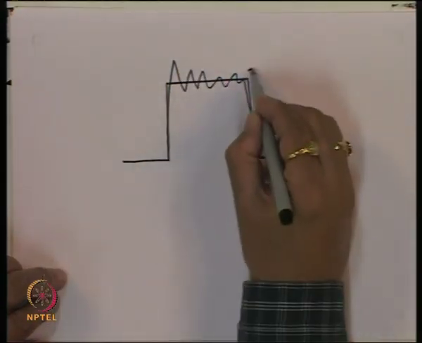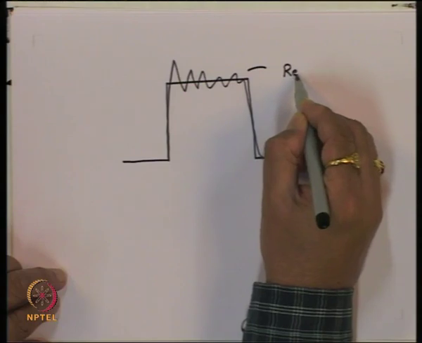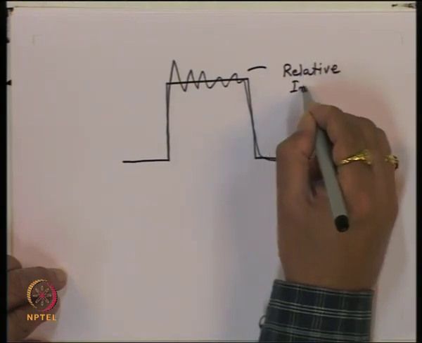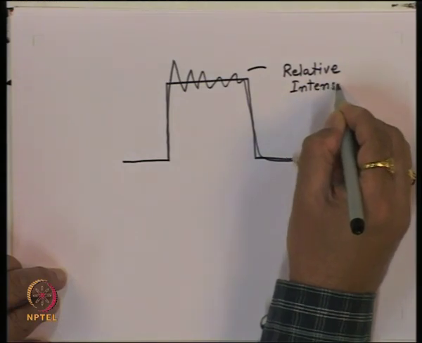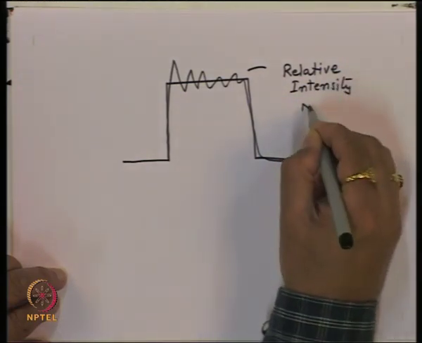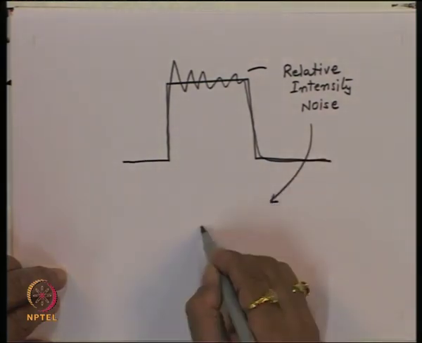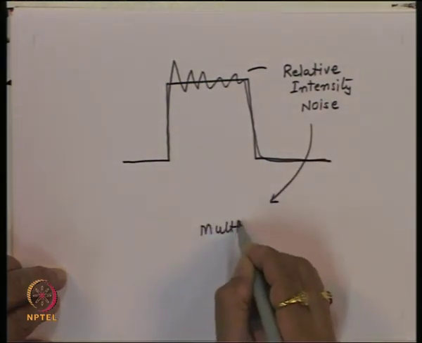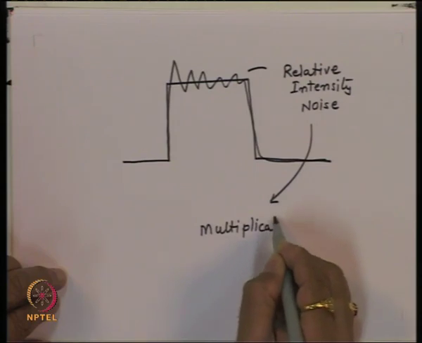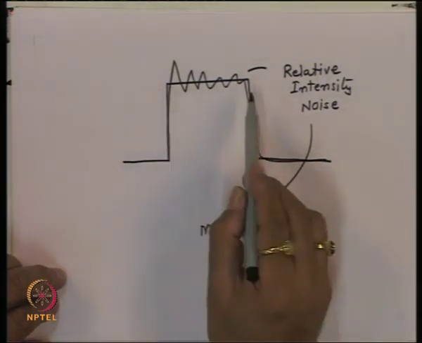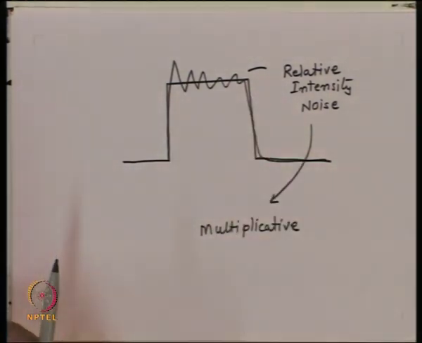So, this noise is a multiplicative noise, because it is proportional to the amplitude of the pulse.